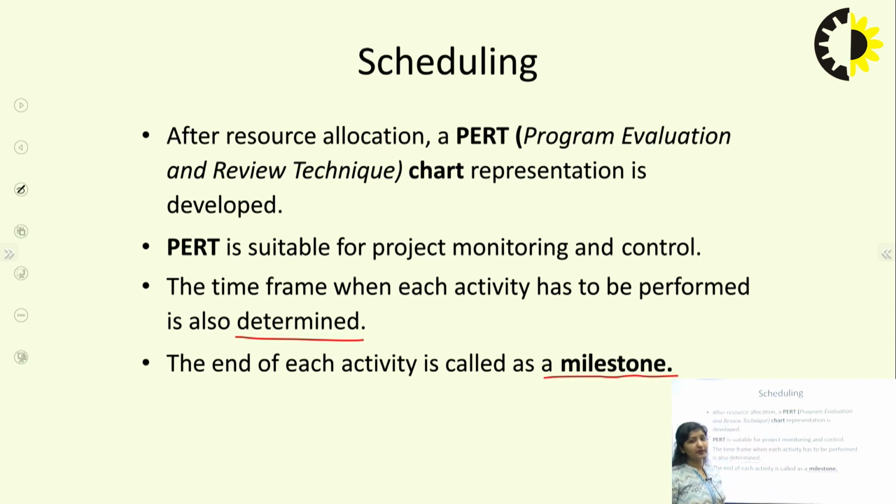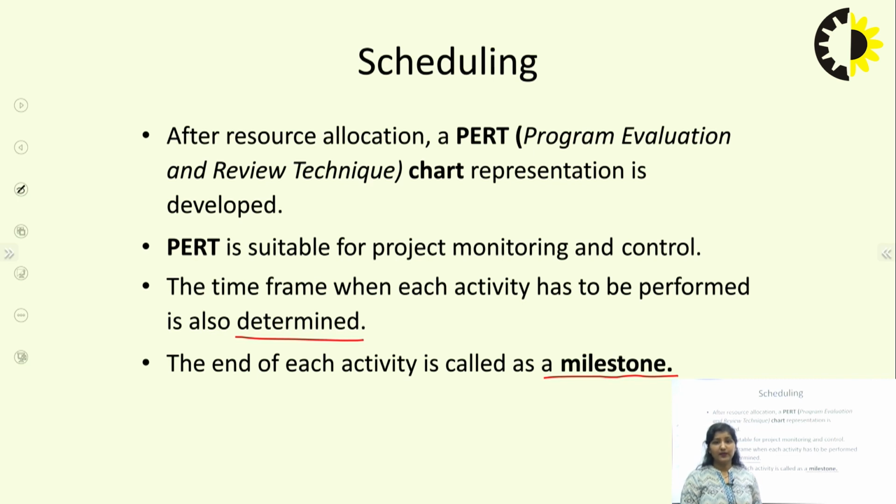What happens in PERT? In the activity network, we identify a time period, that is the number of weeks in which that particular project needs to be completed. In PERT, we give three types of time period: pessimistic, optimistic and most likely. After identifying these time periods, we calculate the expected time.